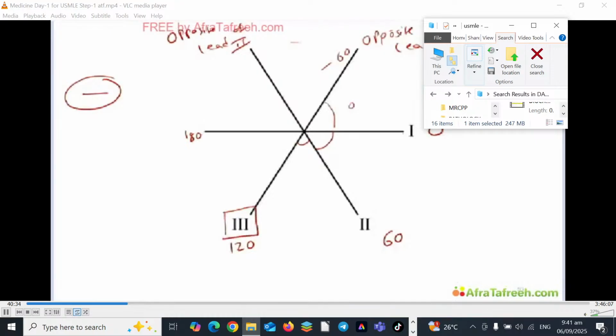The difference between lead 2 and lead 3 would be 60, so that will become minus 120. When you are asked what is the axis of lead 1, that would be 0. What is the axis of lead 2? That would be 60. What is the axis of lead 3? It would be 120. Opposite of lead 3 would be minus 60 and opposite of lead 2 would be minus 120. I hope this point is clear.